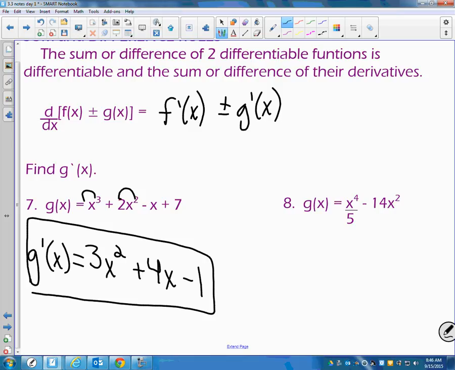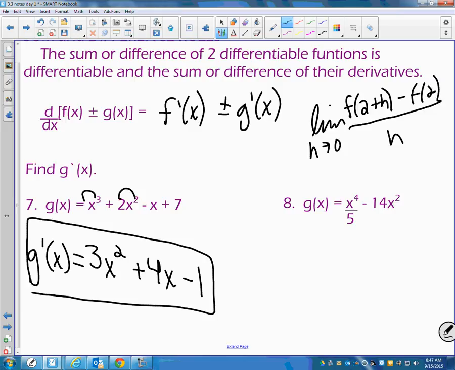I really don't like you right now for not telling us this until now. The limit? Use the limit thing on the AP exam? You're not going to do the limit thing, but it'll show up as a multiple choice question. It could say find the limit as h approaches 0 of f of 2 plus h minus f of 2, all over h.